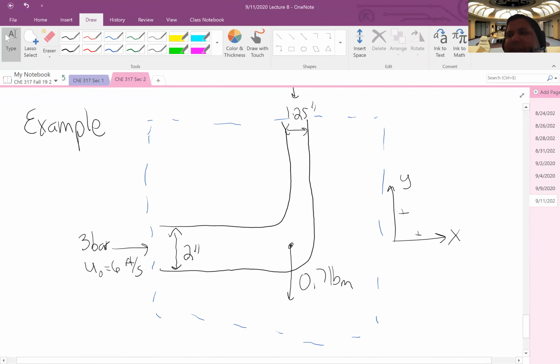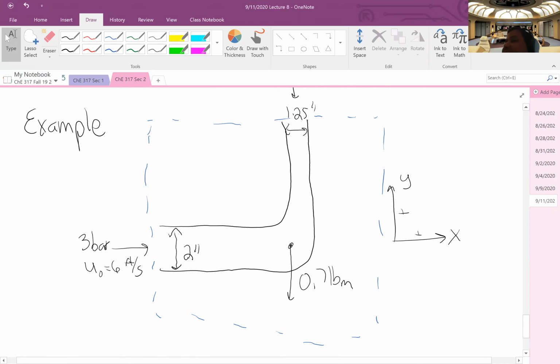So what forces do I have in the x direction in this problem? You'd have the force of the velocity of the movement going.